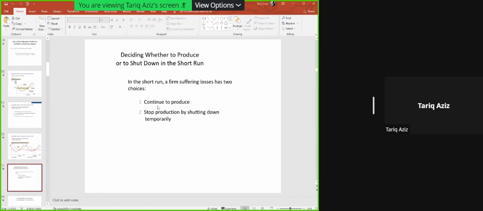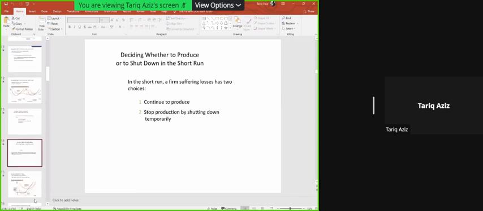And if it is making losses in the long run, then of course it has to shut down the business, because a business cannot continue with losses in the long run. So in the long run the only option is to shut down the business. But in the short run there are two options: either it may continue to produce or it may stop production by shutting down temporarily.